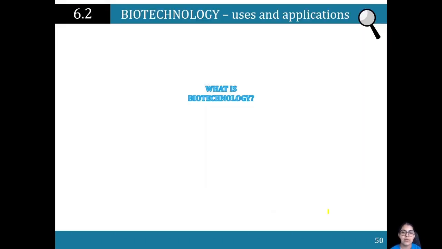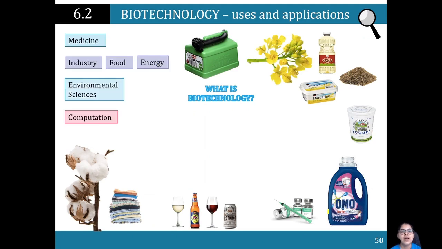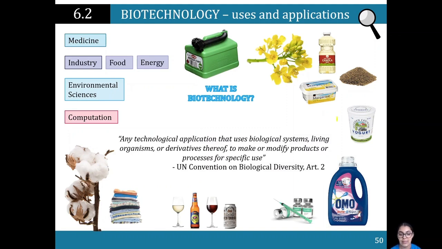So let's begin by looking at what is biotechnology. Pretty much everything around us is biotechnology, right? Medicine, industry, food, energy, environmental sciences, computation, all of these things where we mix science and technology, that is biotech. It is any technological application that uses biological systems and living organisms or derivatives thereof to make or modify products or processes for a specific use.